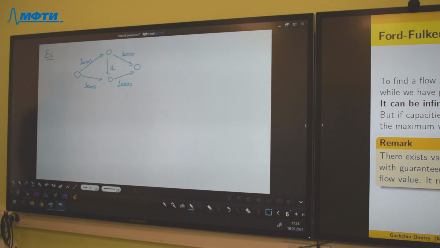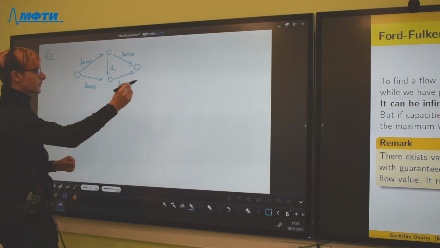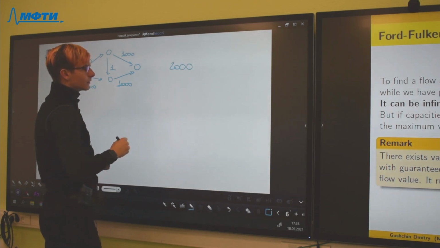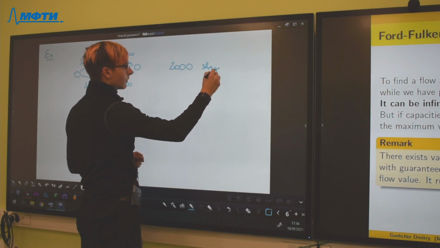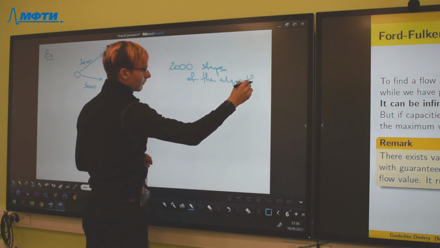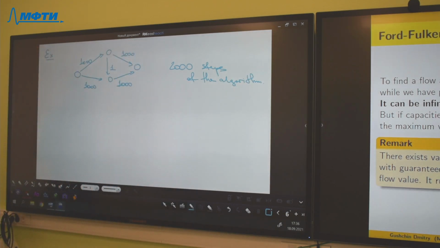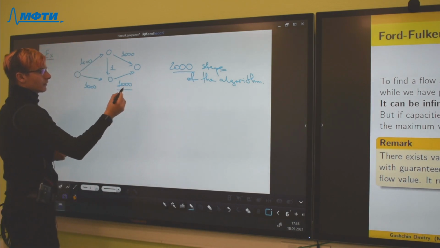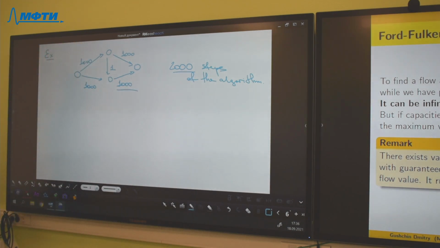Then we can try to use the Ford-Fulkerson algorithm, and in each step we increase our flow only by 1. And then we get 2000 steps of the algorithm. Yeah, it is of course because of the big capacity of the edges.